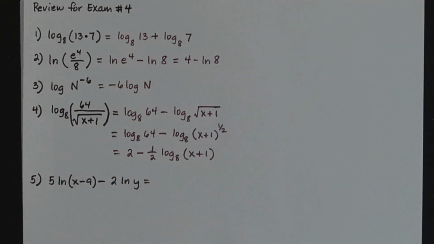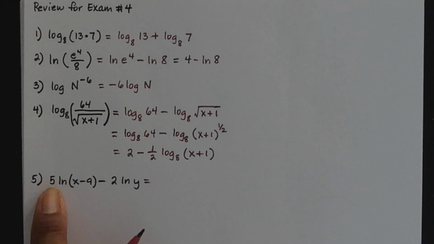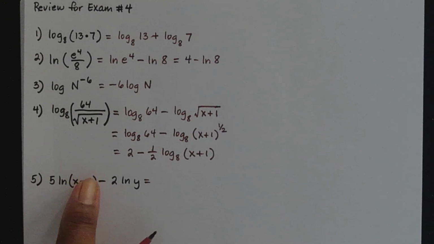So the first thing you need to do here is make those coefficients for our natural logarithm to be 1. So for this term right here, I need to use what? That coefficient needs to be where? Has to be as the exponent, because I have to use a power rule first.